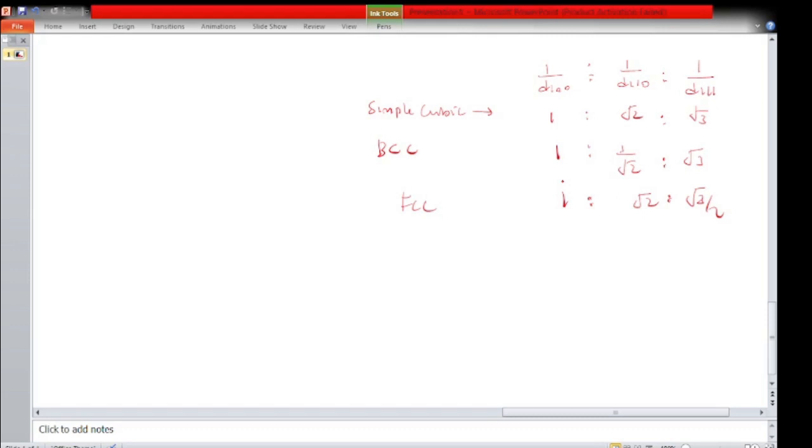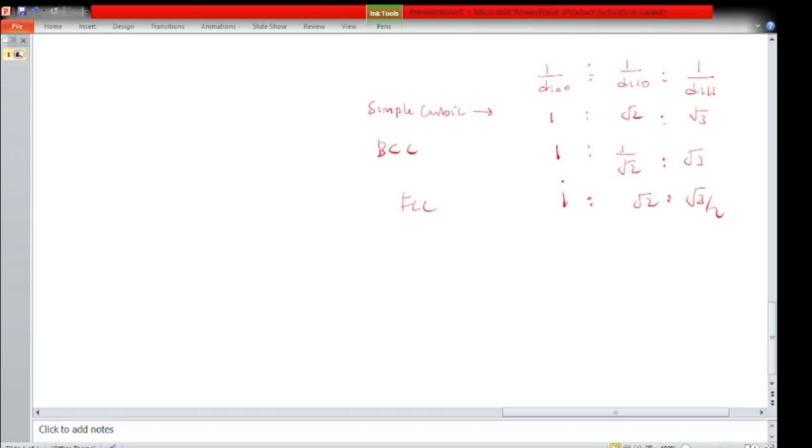From this table you will be getting ratios between interplanar distances, and if you have an unknown crystal and you study it with the X-ray spectrometer, and if you get this kind of ratio, then you can say this is BCC, this is FCC, or this is simple cubic, something like that.